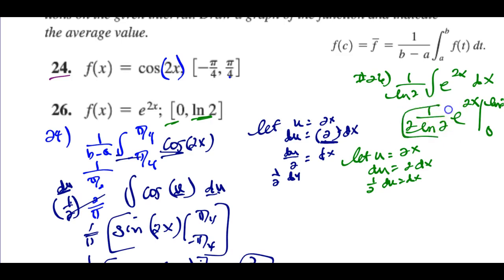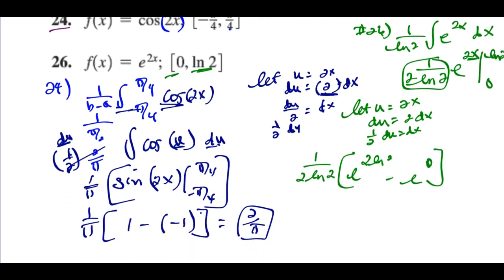So I don't think I can do anything with this guy, so I'm going to leave him. 1 over 2 ln 2, and then that's just the constant that pops out, but it's e to the 2 ln 2 minus e to the 0, because 2 times 0 is just 0.